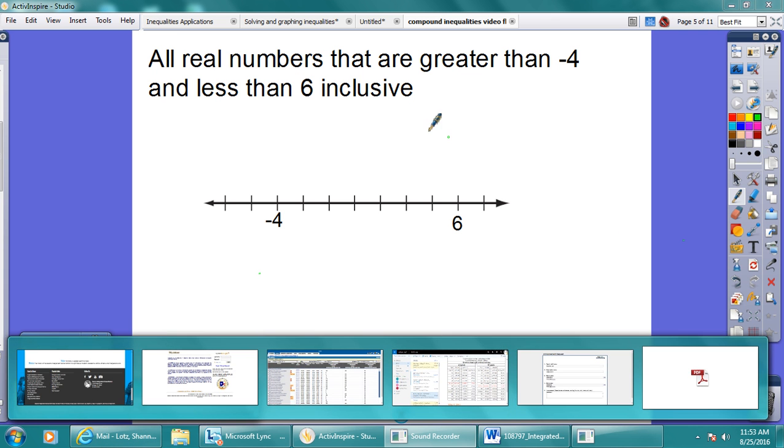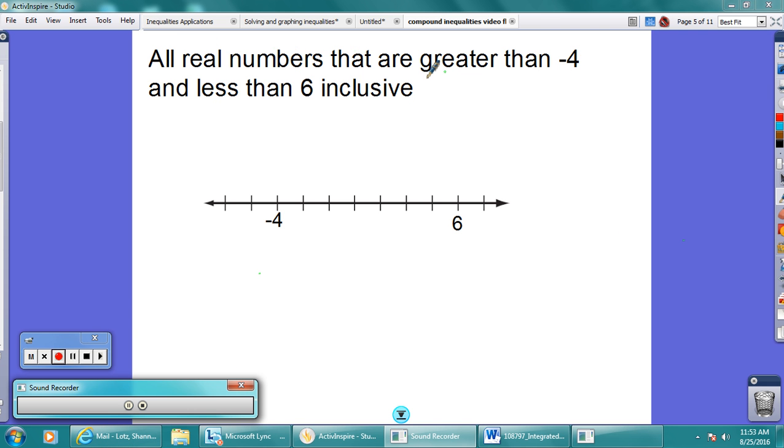Okay, so now all real numbers that are greater than -4 and less than 6 inclusive. What does inclusive mean? This is a vocabulary word, so I want you to write it down. Inclusive means that you're going to include both numbers.